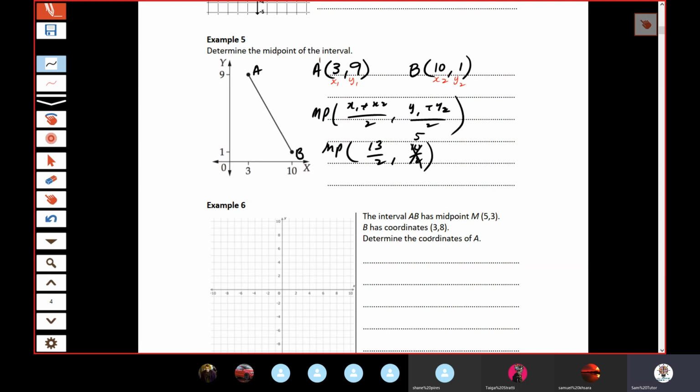Easy? Hey sir, sorry, I just joined now. That's okay, that's not a problem. Can you see the screen? Yeah, I can see the screen. Perfect. We were just doing midpoint, x1 plus x2 on 2, y1 plus y2 on 2. That's our midpoint formula. We're doing a topic called linear functions.